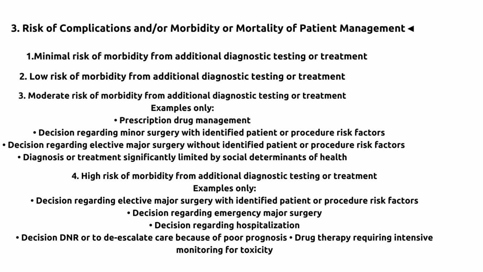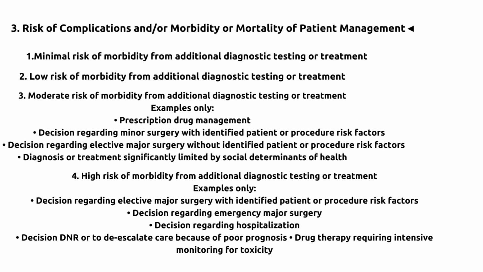And the fourth level is high risk of morbidity from additional diagnostic testing or treatment. And the examples include decision regarding elective major surgery with identified patient or procedure risk factors, decision regarding emergency major surgeries, decision regarding hospitalization, and the decision for DNR.